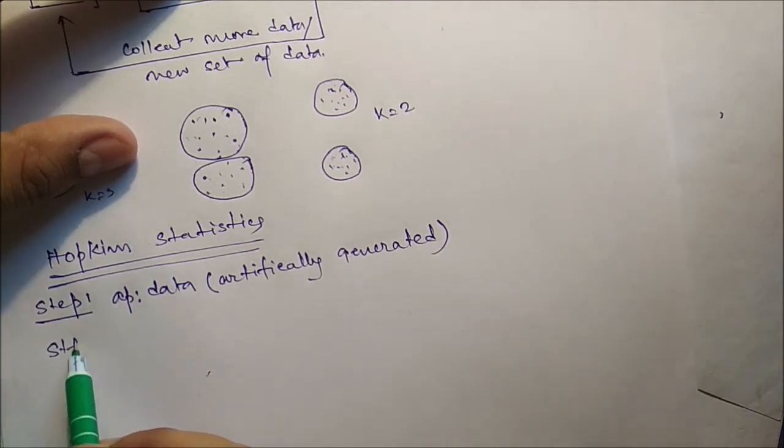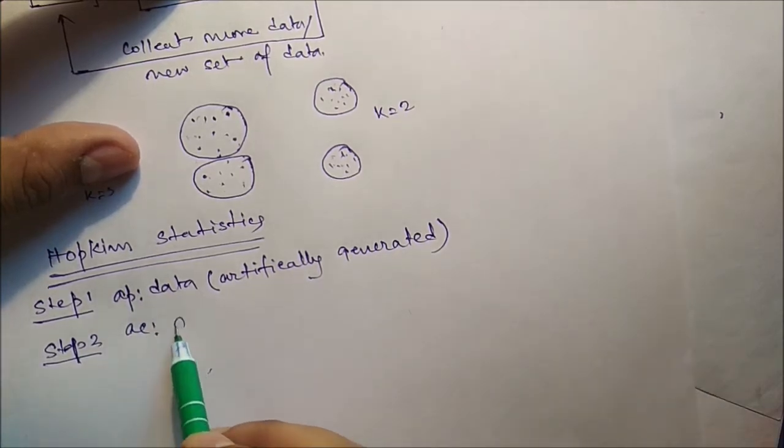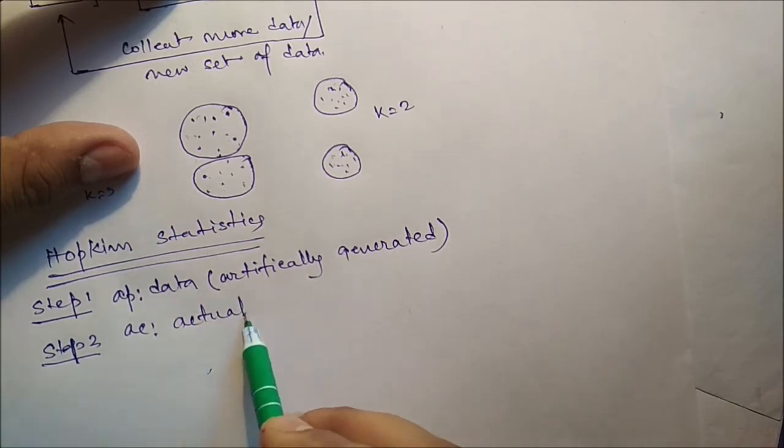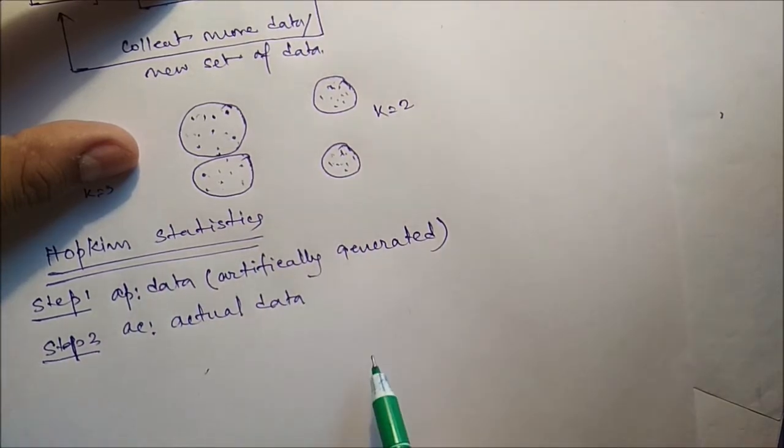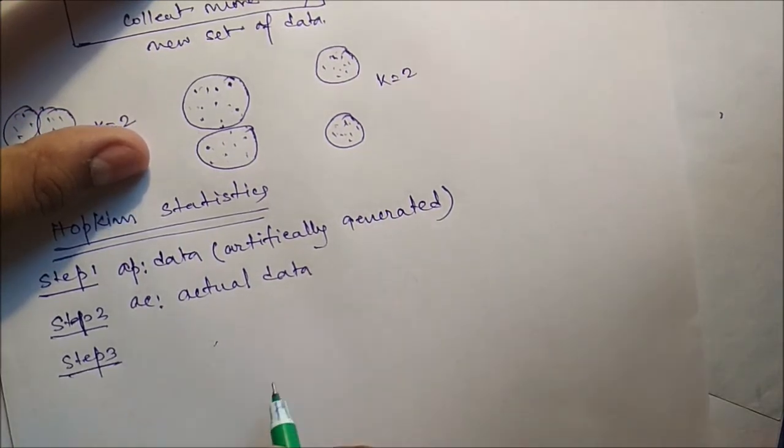Step 2, sample actual data, call it AC. Step 3, for both sets of data we find the distance to the nearest neighbor in the original data set.